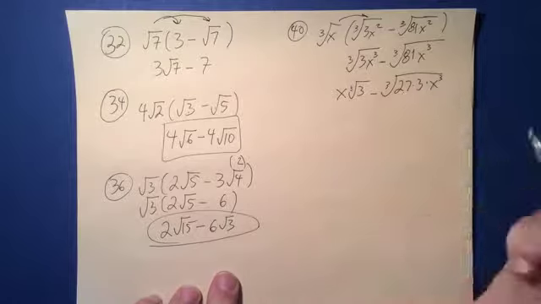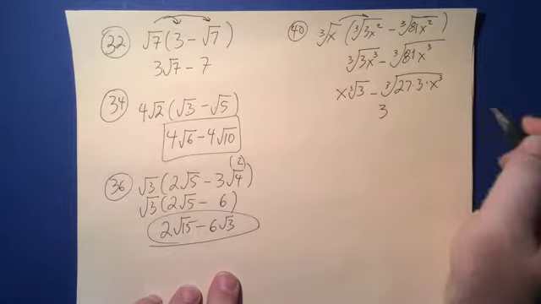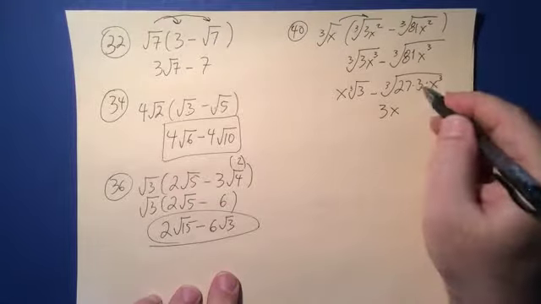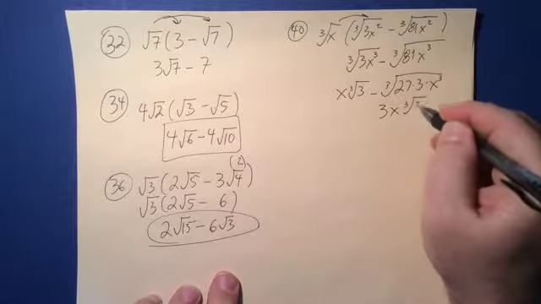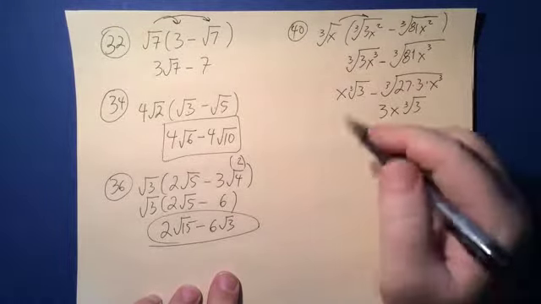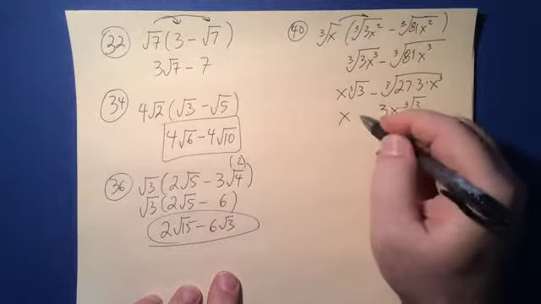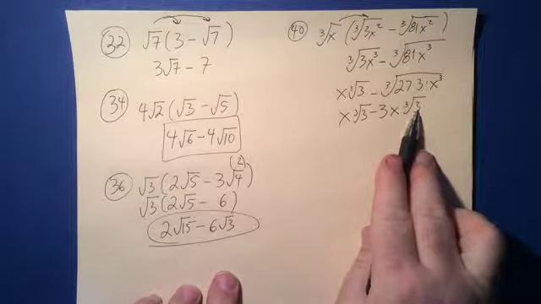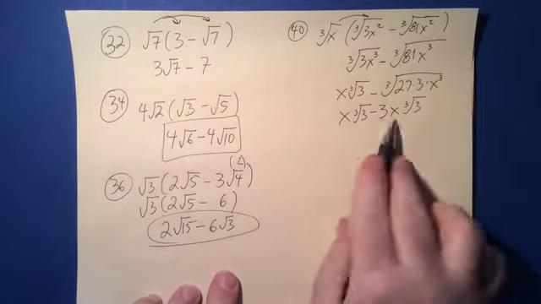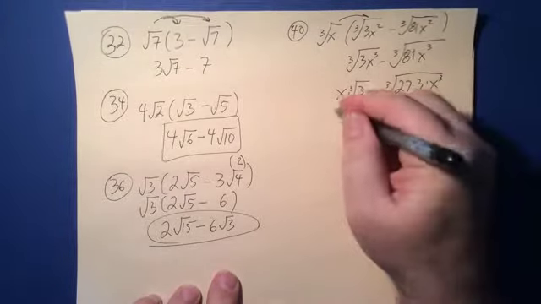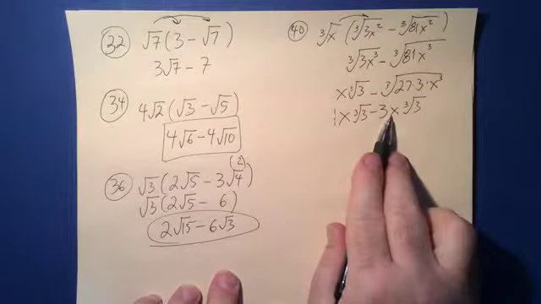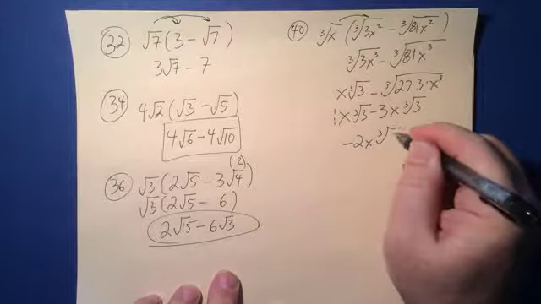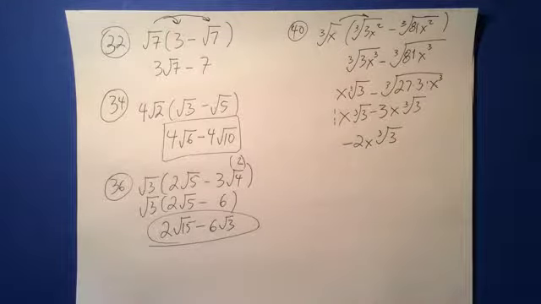So the cube root of 27, that's going to be 3. The cube root of x to the third is going to be x. And we're going to have this third root of 3 remain behind. So we have here x, the cube root of 3, minus 3x, the cube root of 3. Because these are both x terms in front, this is simplifiable. It's 1x minus 3x, or negative 2x, the cube root of 3.